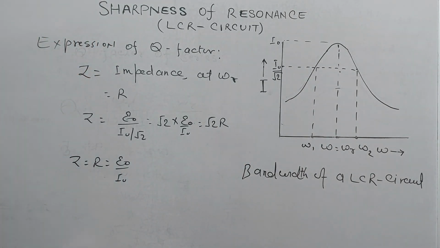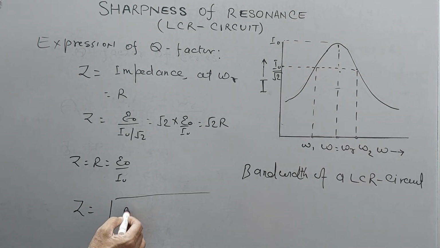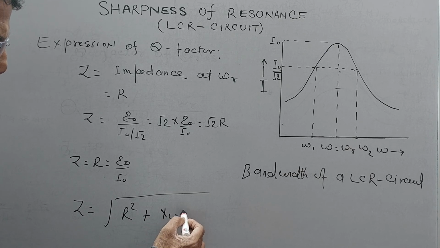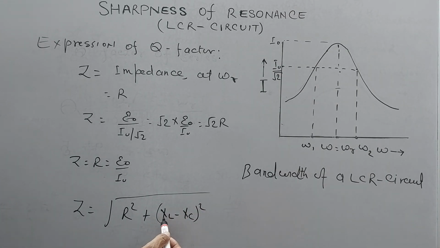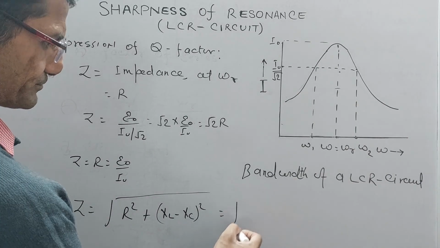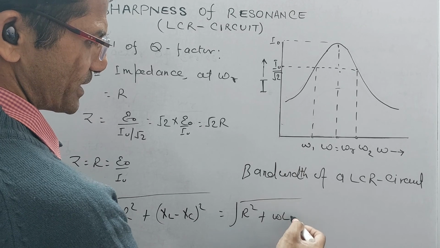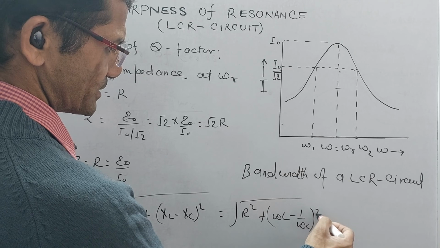Now from the formula of impedance, let us suppose we represent the impedance or resistance of the series LCR circuit as Z. Z is the square root of the ohmic resistance squared plus the resistance of the inductor minus the resistance of the capacitor, whole squared. If I place the values of XL and XC, it comes out to R square plus omega L minus 1 upon omega C, whole square.